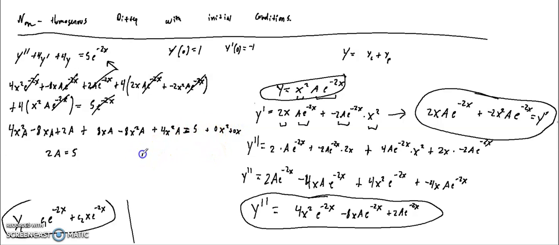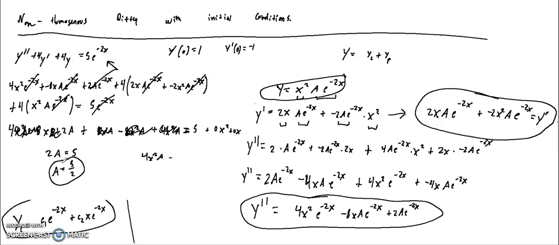So we have like 4x squared a minus 8x squared a. Well, actually, this just cancels out. And then we have like 8xa, negative 8. Okay, so this just cancels out. We're left with 2a equals 5. So a equals 5 over 2.